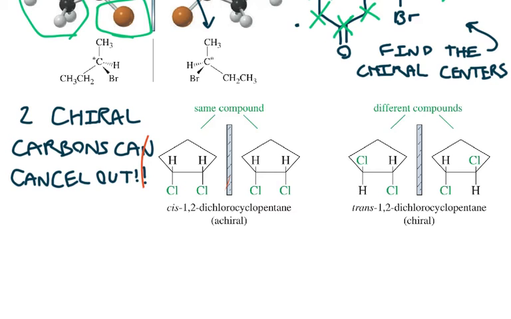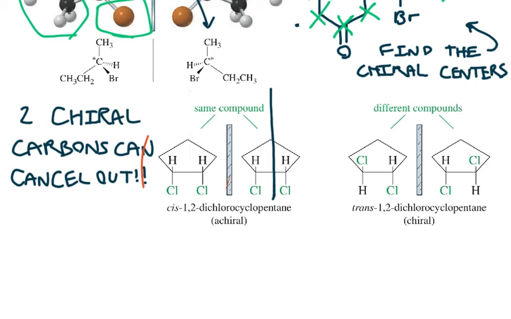So a trick to how you can tell this is something called an internal plane of symmetry. So you see how I can draw this line right through the molecule and it's symmetrical on either side? And I can do the same for this one. I can draw the line right through and it's the same on either side. That's a clue to us that we have a compound with chiral carbons, but the compound itself is achiral.